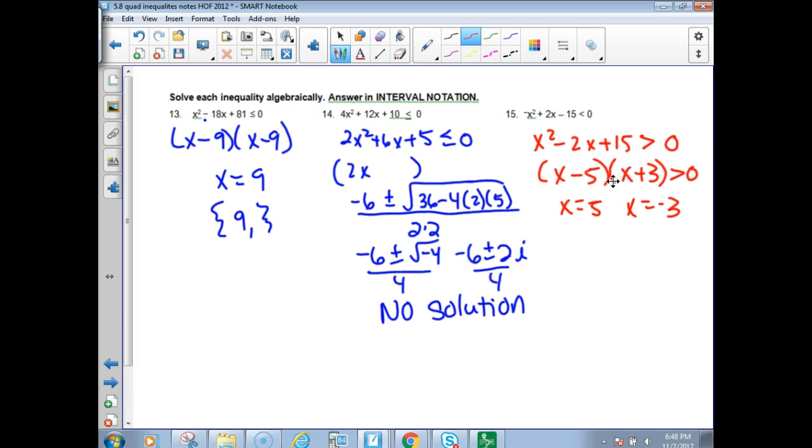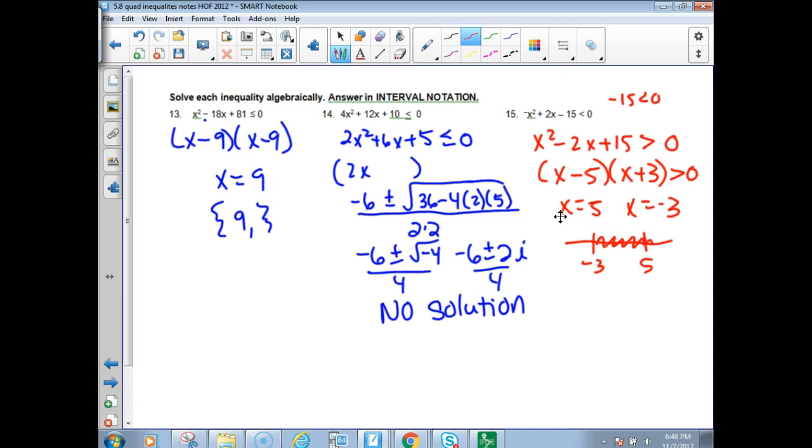Okay, anything I'm going to plug in here, 5 and negative 3. If I test something between there, if I put in 0, oh, wait a minute. Now, if I put in 0, I would get negative 15 is less than 0. That's still true.